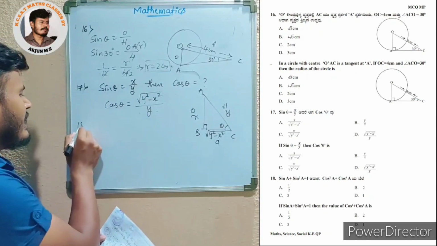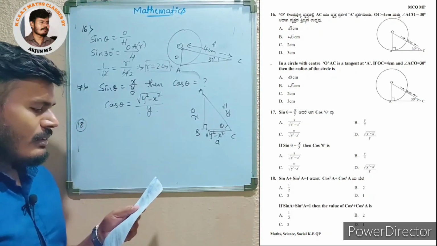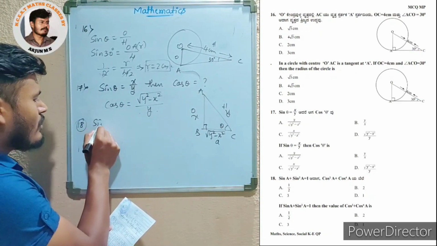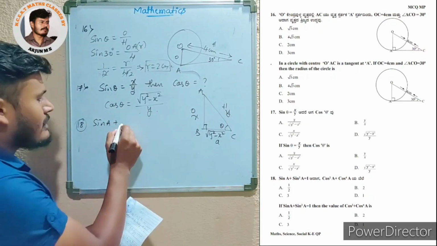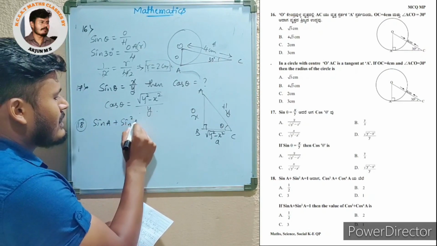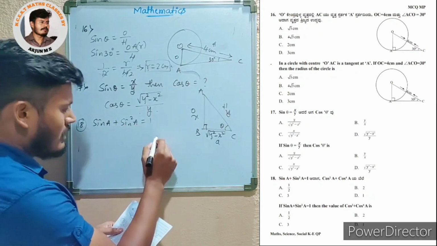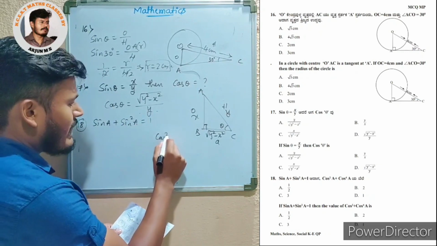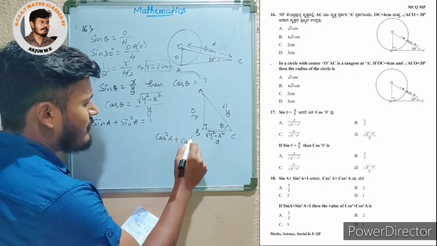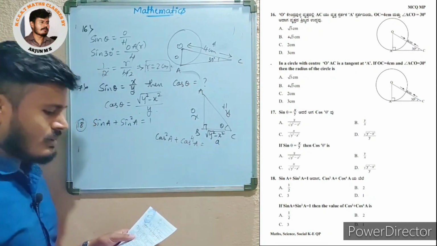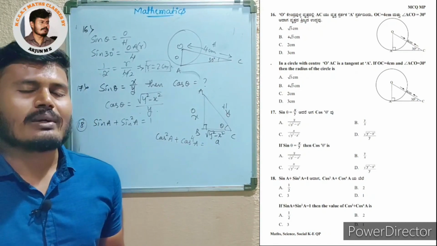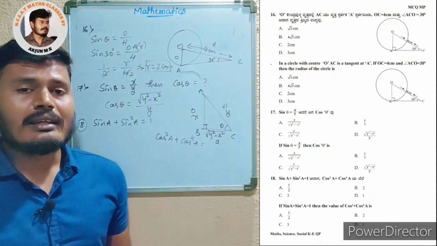Now we're moving on to the 18th question. If sin A plus sin square A is equal to 1, then what is the value of cos square A plus cos to the power 4 A?